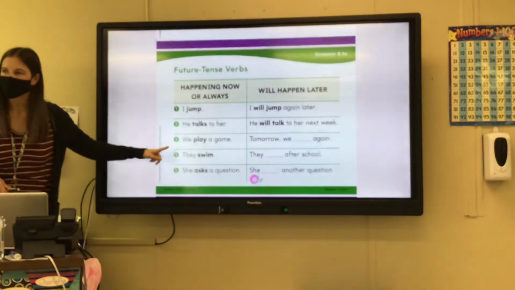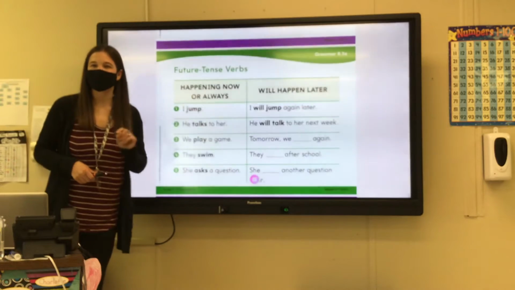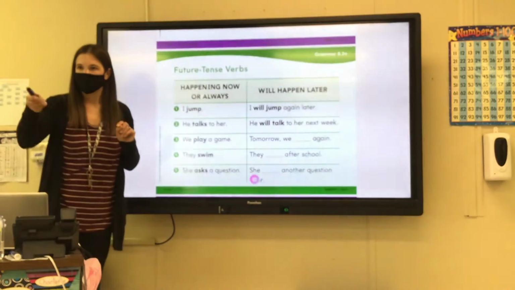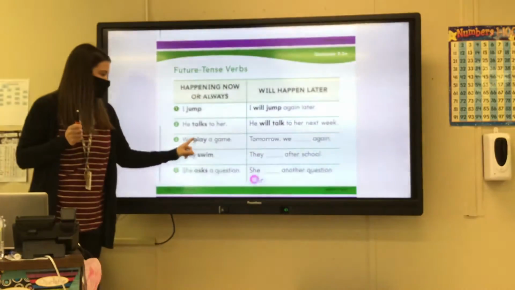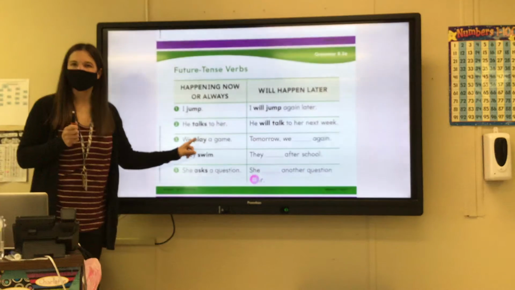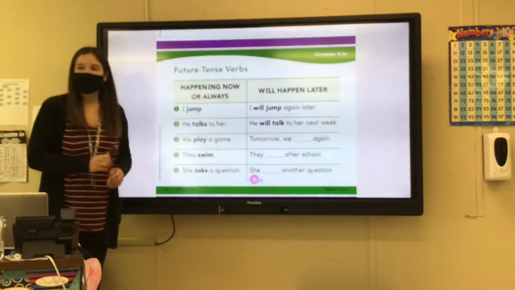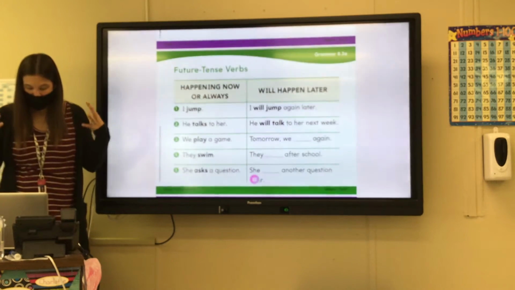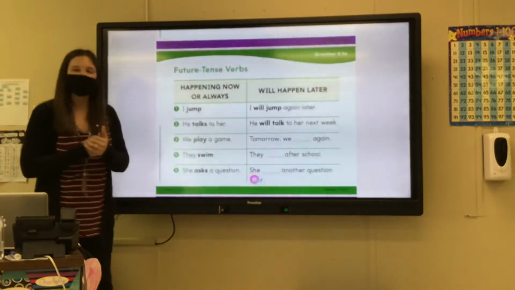Okay, let's look at sentence 3. We play a game. What is the verb in that sentence? Who can raise their hand and tell me? Play, right? Playing is a verb. You're doing something. You're playing. So if we want to make play and talk about it in the future when it happens later, how can we say that in a sentence?